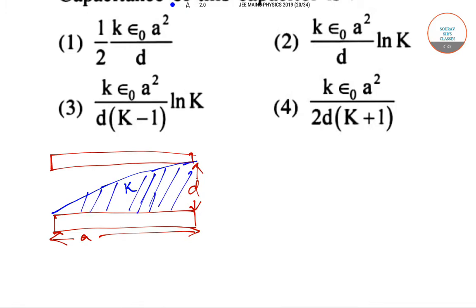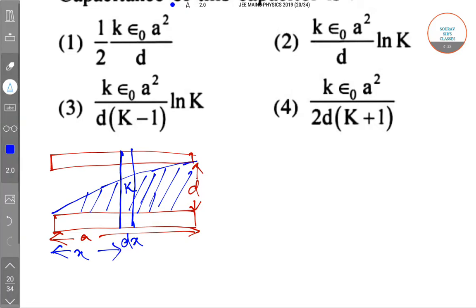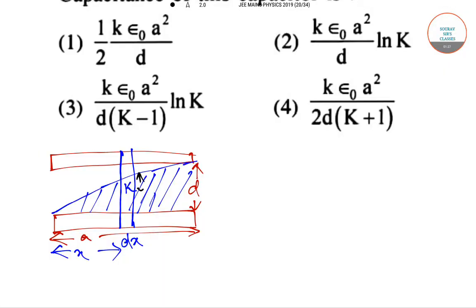So, we have to calculate the capacitance. Here, we consider a small area dx at a distance x from one end, and in the perpendicular direction, the distance up to the dielectric medium is y.